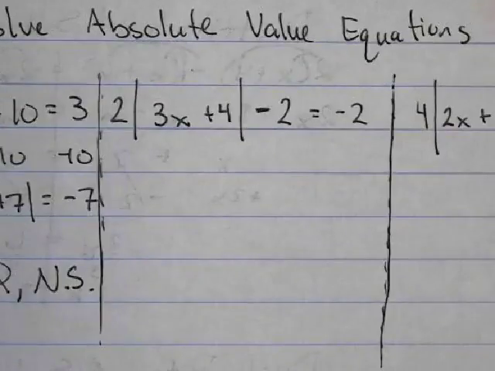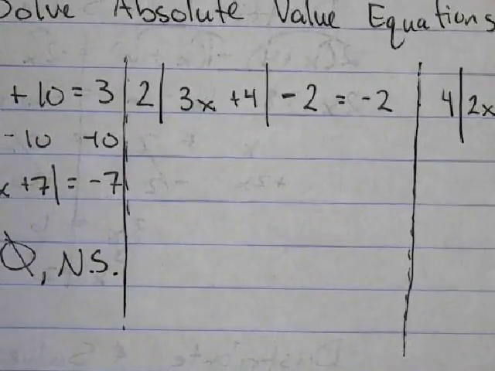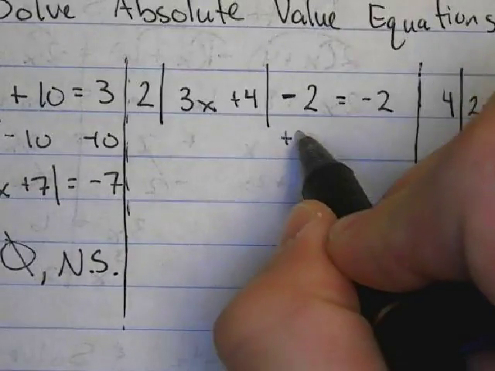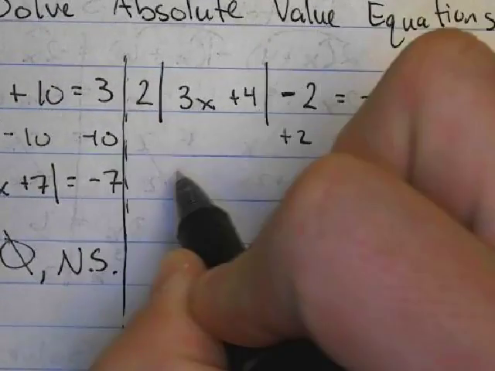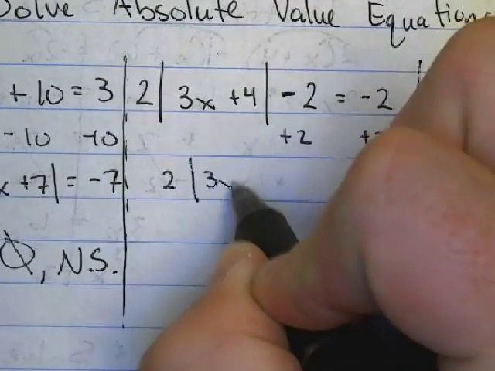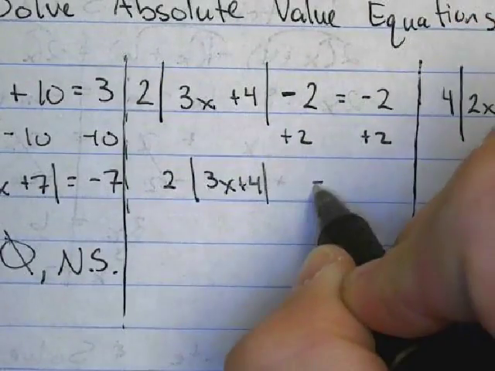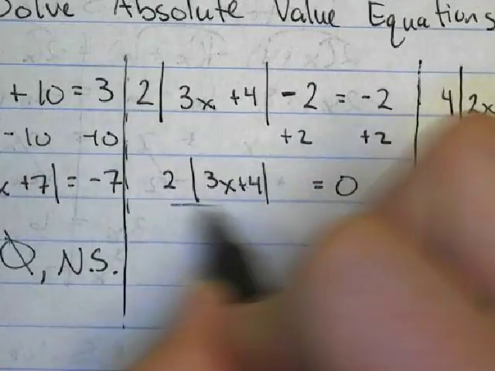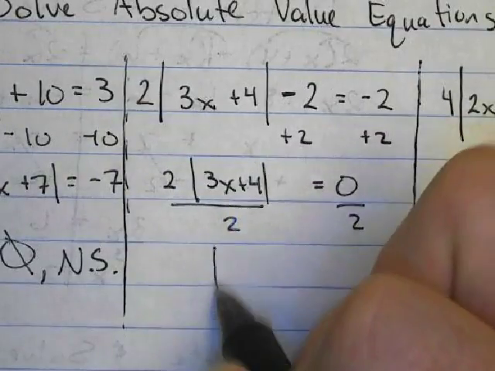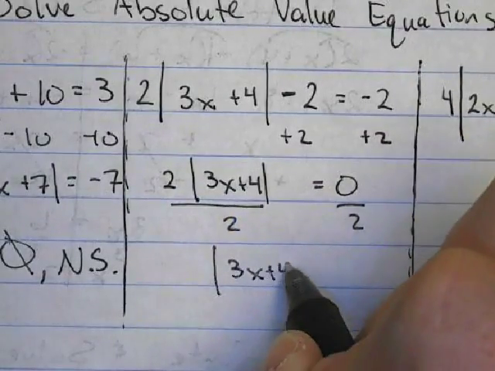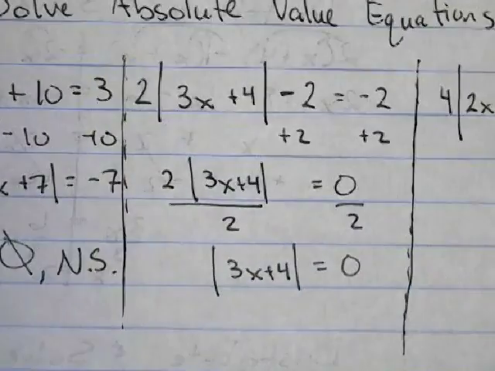On my next one, I'm going to go through the process of isolating my absolute value first. I'll add 2 to both sides, and then we'll have 2 times the absolute value of 3x plus 4 is equal to 0. Then I'll divide both sides by 2, and I get the absolute value of 3x plus 4 is still equal to 0.